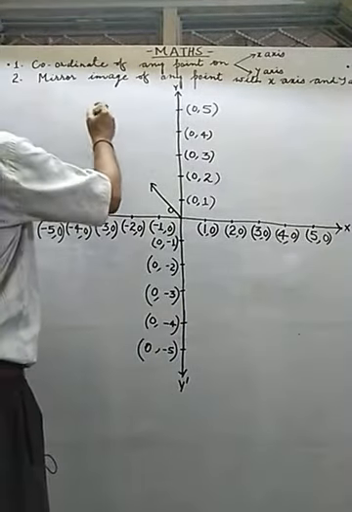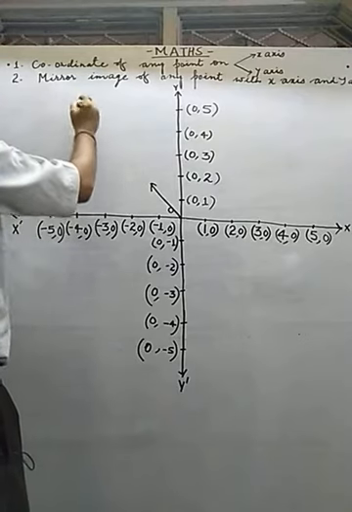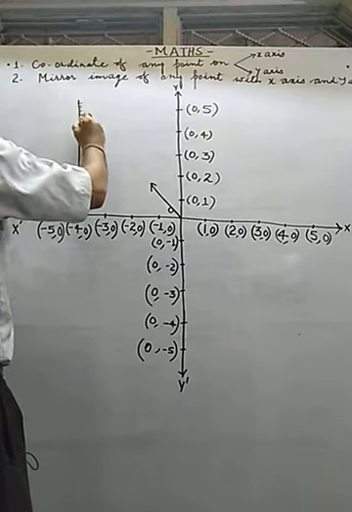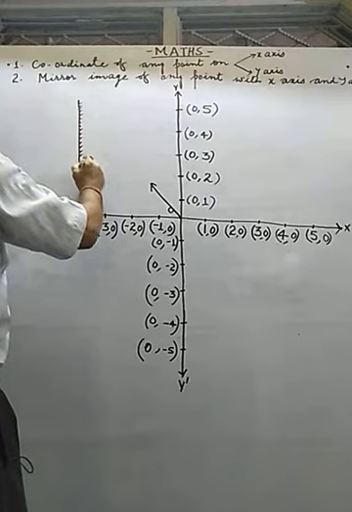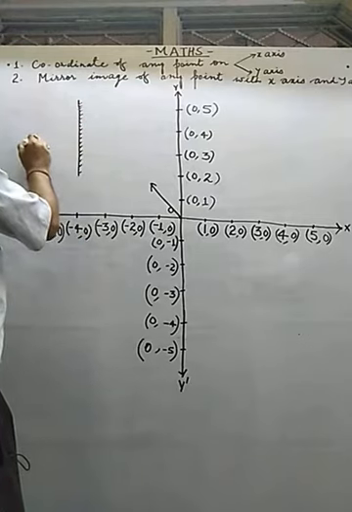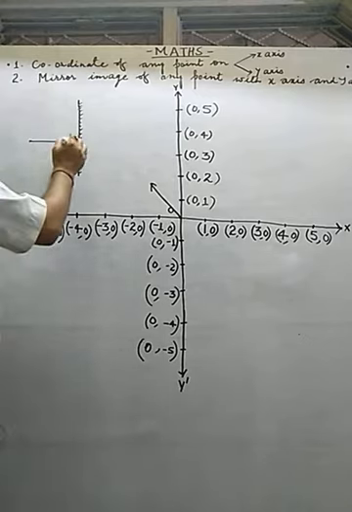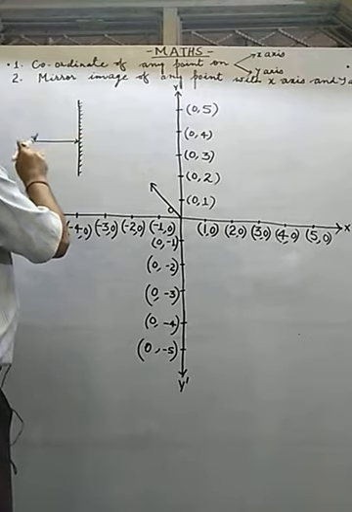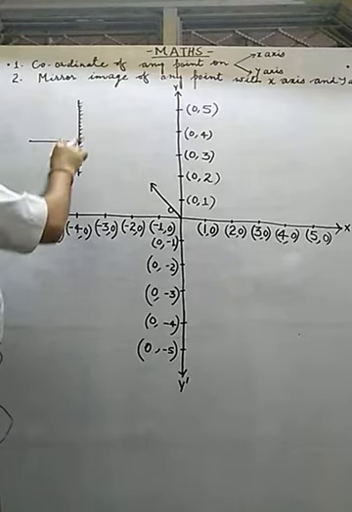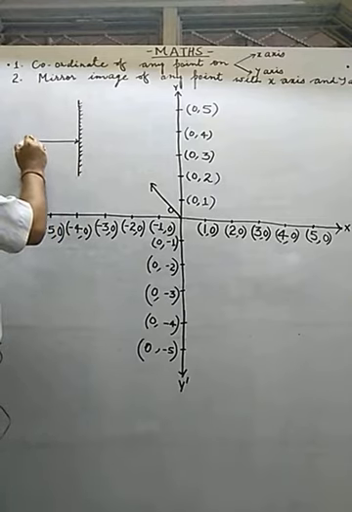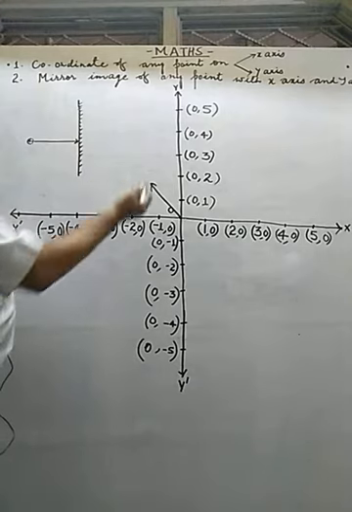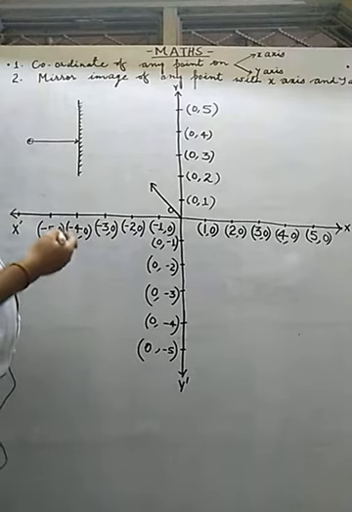Suppose a plane mirror is here, an object is kept here, a ray is falling here. One rule you have studied: suppose the object is placed before a plane mirror, this is an object, its image will be here, the same distance behind the mirror.